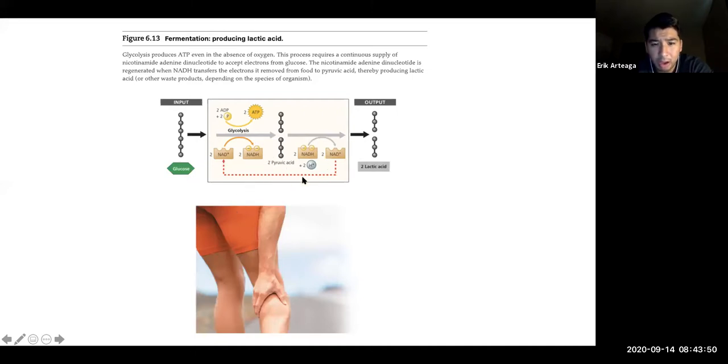We need to have oxygen in order to survive. And that just shows you that this process can really only occur to produce energy in muscle tissue, or else you could die, okay? So again, the process is only really for the gaining of these NADs back to use energy again.